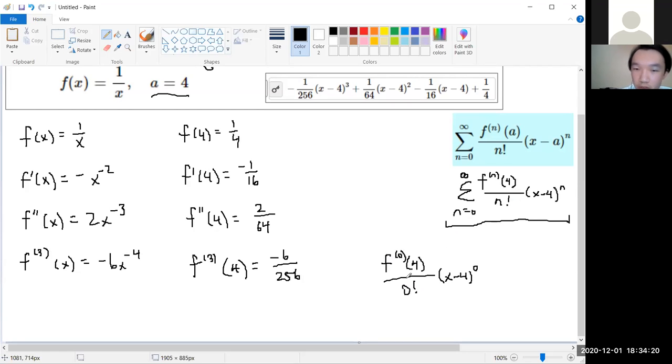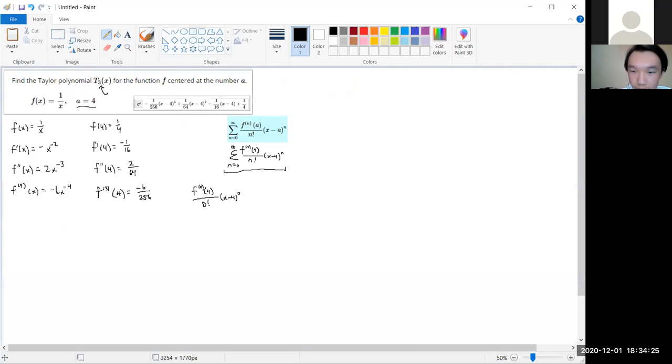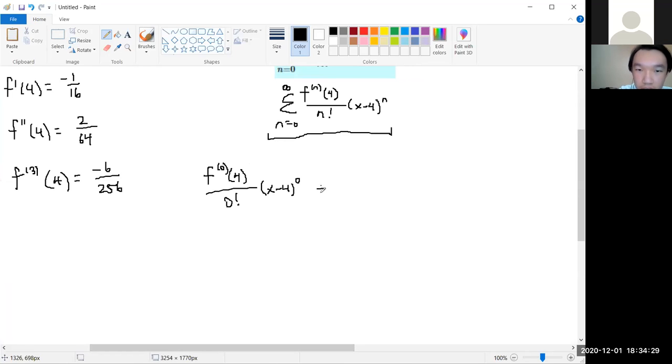That is the first term of the Taylor series. Let me just give myself more space. The next term of the Taylor series is f to the first power of 4, right? The next term is when n equals 1. That's over 1 factorial times x minus 4 to the first power.